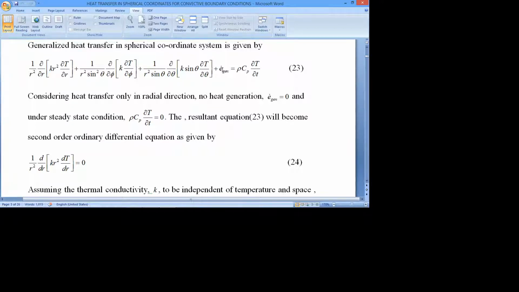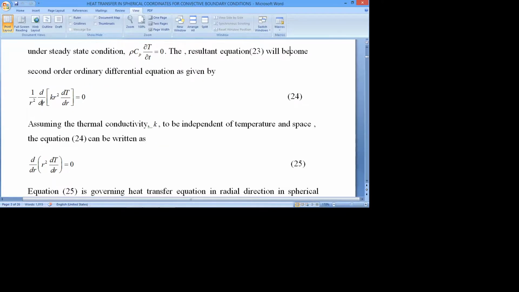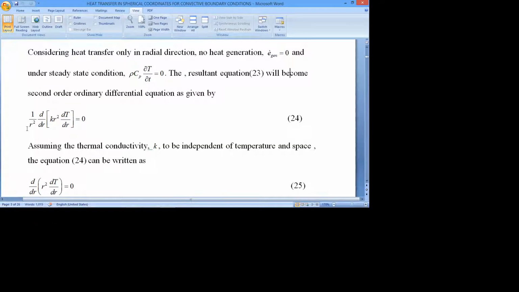Another constraint is steady state operation, or no accumulation of energy within the material, so the right hand side term is also cancelled. So finally this equation 3 can be rewritten as: 1 upon r square d upon dr of k r square dT upon dr equal to 0.